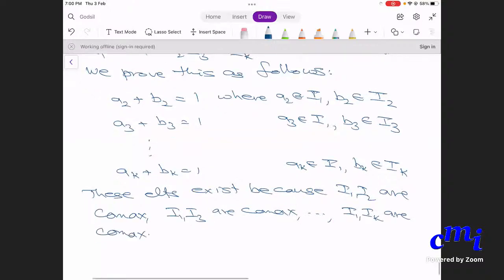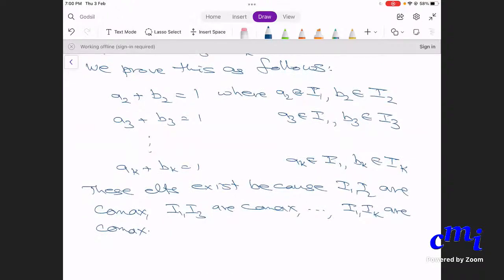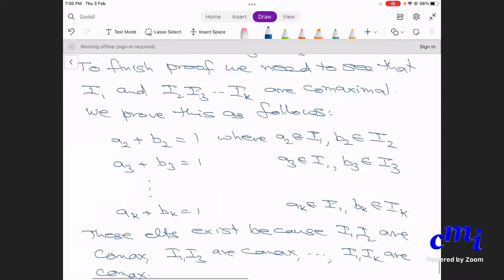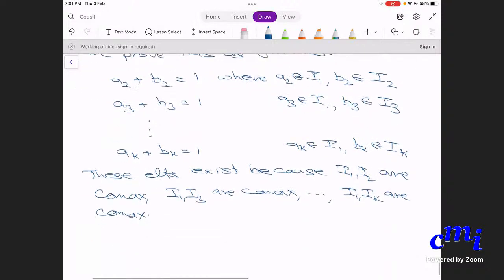Now I want to use these elements to get an element in the product of I2 up to Ik and an element in I1 which add up to 1. So I want one element which is in the product of I2 up to Ik and one element in I1 which add up to 1. The natural thing to do: B2 is in I2, B3 is in I3, Bk is in Ik. We can just try to take the product of B2, B3, and so on up to Bk.